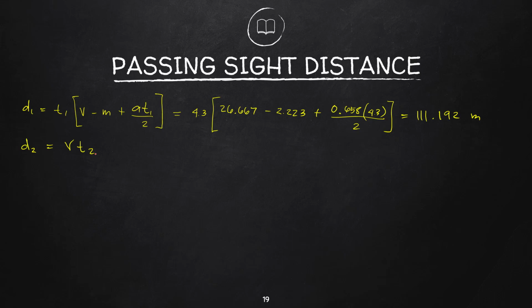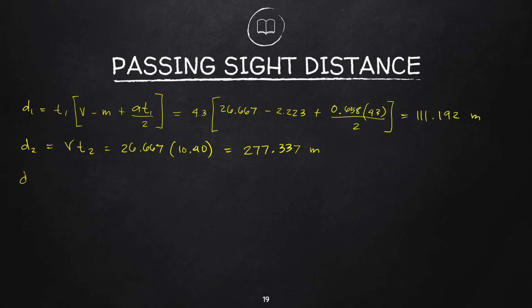D sub 2 is just equal to V times T sub 2. And this is equal to 26.667 multiplied by 10.40. And this is now equal to 277.337 meters.